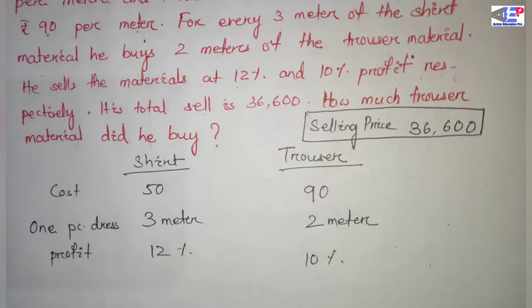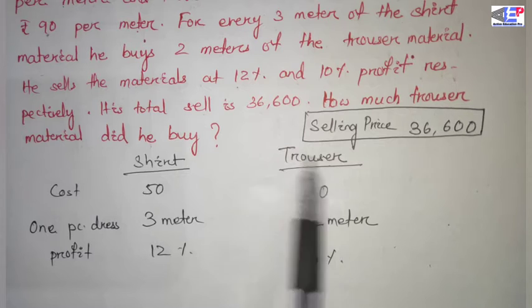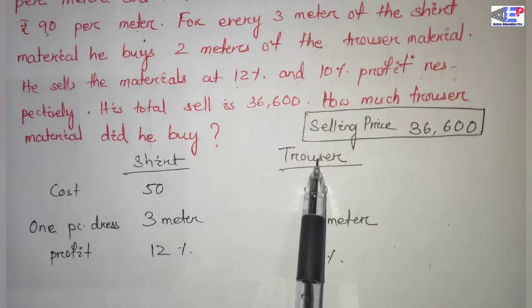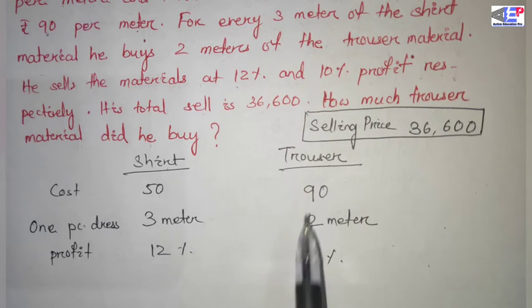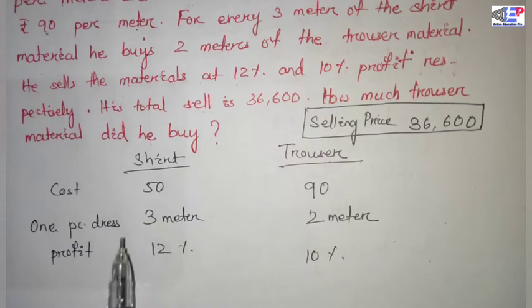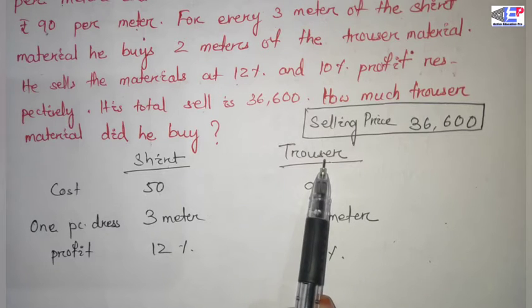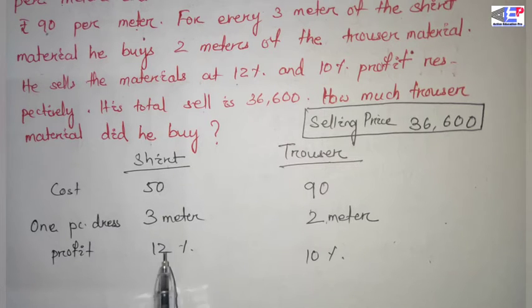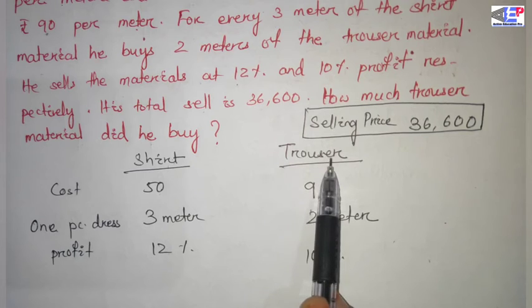Hassan buys two kinds of cloth materials, one is shirt and another is trouser. Cost of 1 meter shirt material is 50 rupees and 1 meter trouser material is 90 rupees. For 1 piece dress, he buys 3 meters of shirt material and 2 meters of trouser material. And when he sells it, there is 12% profit on shirt material and 10% profit on trouser material.